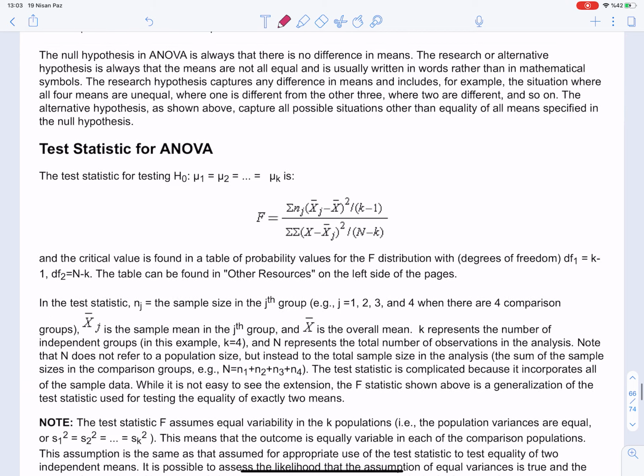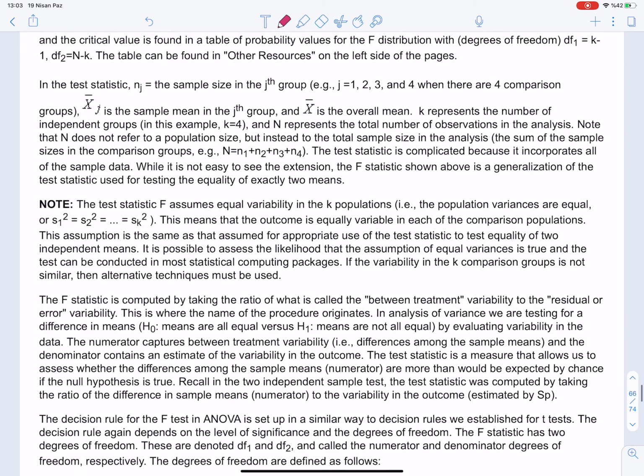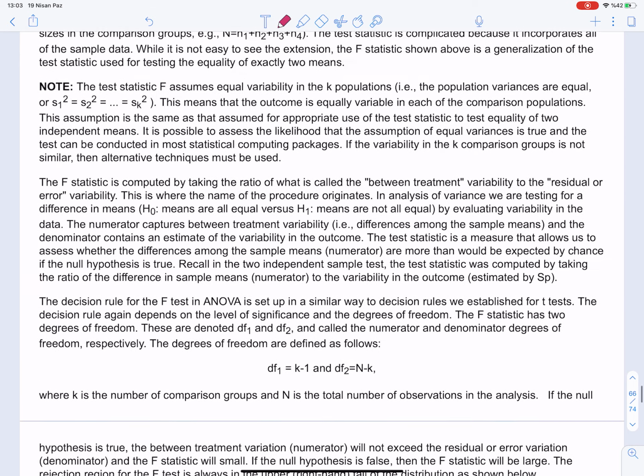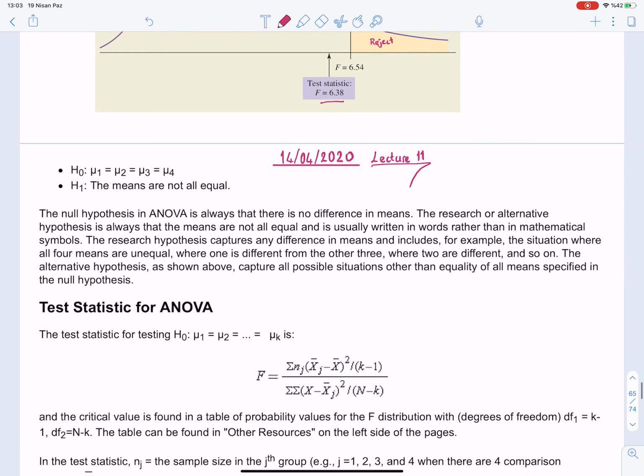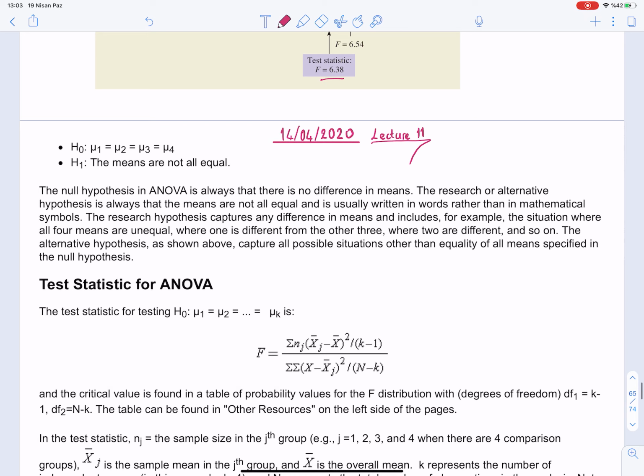Those are lecture notes you may read from a different view to understand the ANOVA procedure. This is a summary from different sources. And the null hypothesis, if you have four different groups, in fact you could have more than four groups, but here in general, let's say you have four different groups.